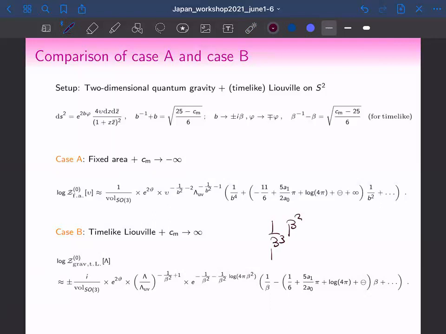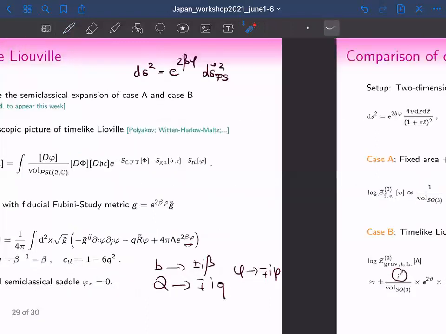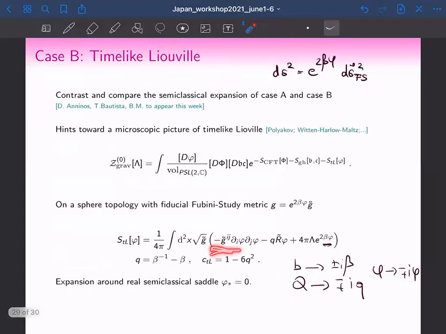And maybe even equally important, what's very different between space-like and timelike is this plus minus i over here. And where's this plus minus i coming from? So the plus minus i in timelike is really coming from the fact that in timelike Liouville theory, because we have this negative kinetic term, all of these modes are Gaussian unsuppressed.